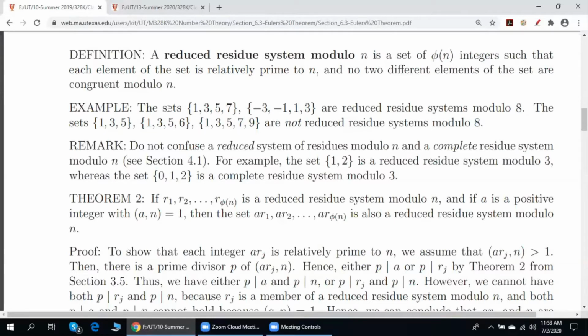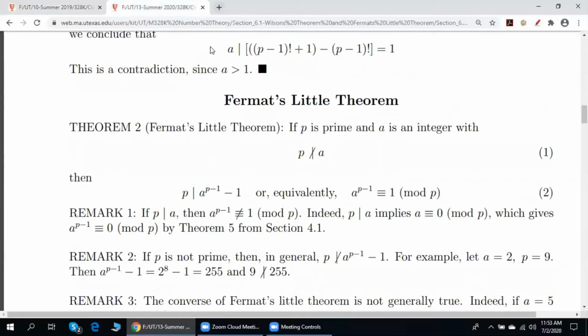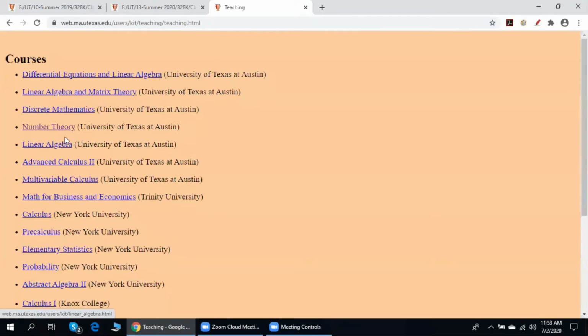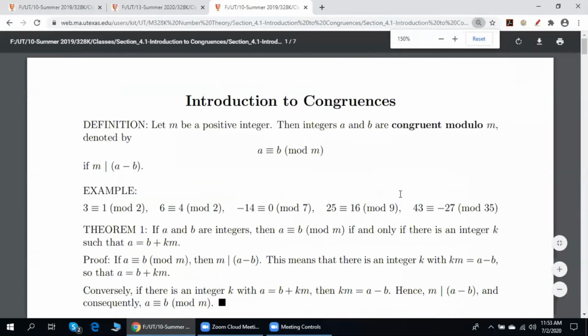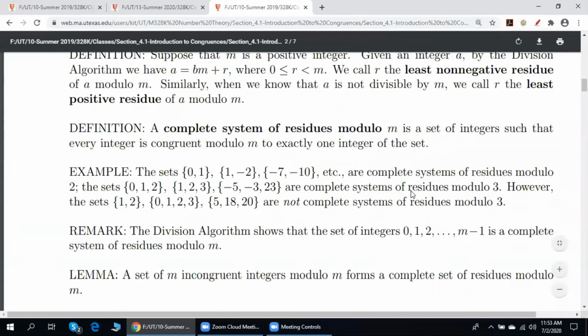Next, let us go back to section 4.1. Please take a look at this.